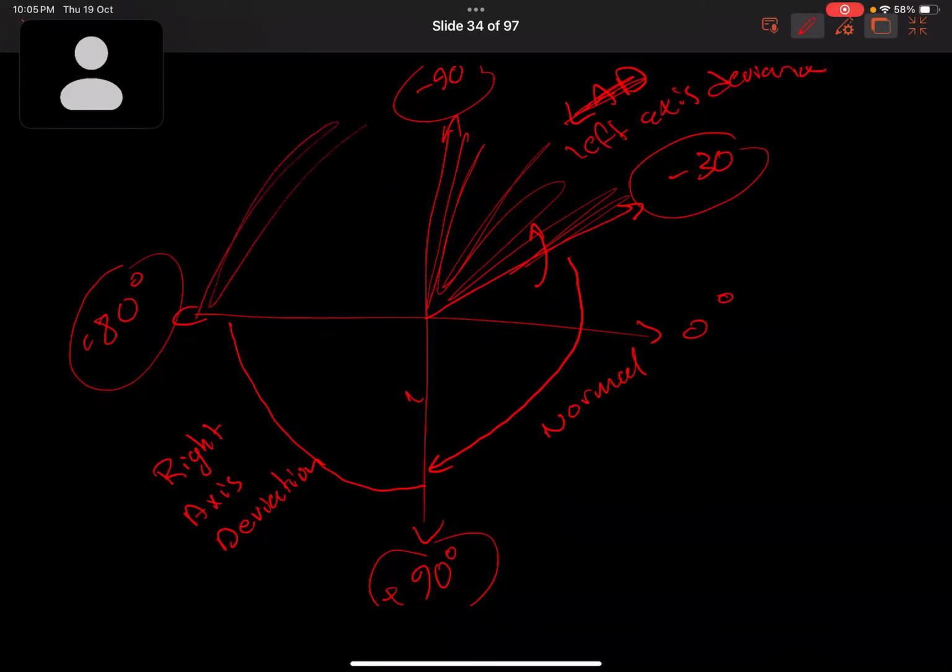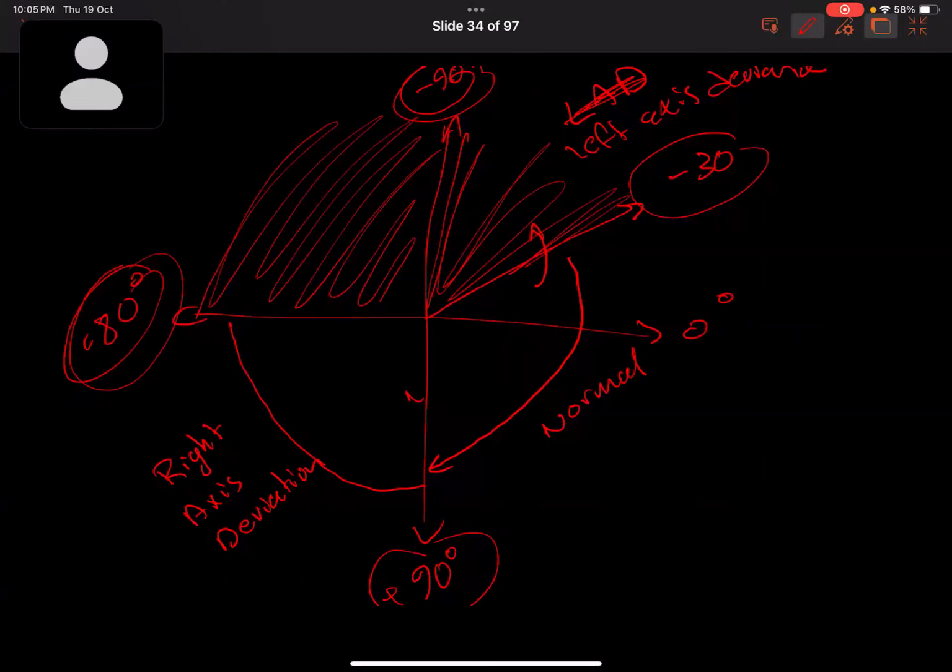And then this area, or this quadrant, which is between -90 and 180, is an extreme axis deviation. So it's the extreme opposite of this cardiac axis.